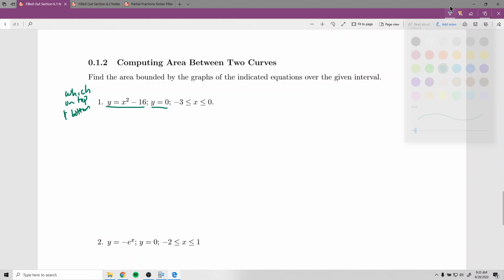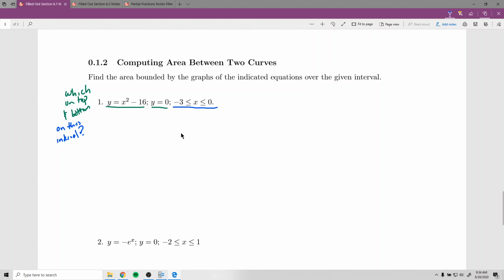But you do have to be careful because you only care which one's on top or on bottom on the given interval. Right, we don't care what happens at x equals 100, which one's on top and bottom, because we only care about what's happening between -3 and 0.